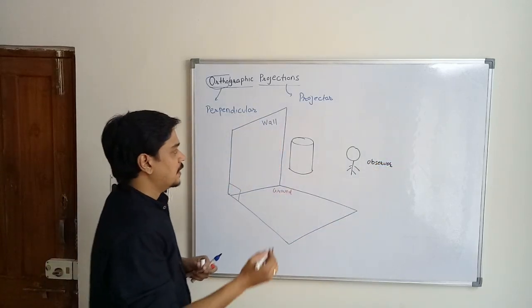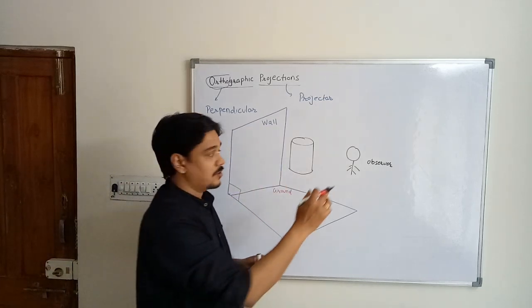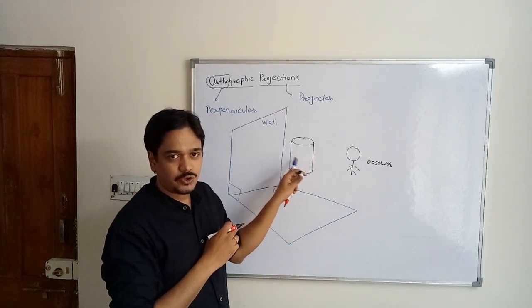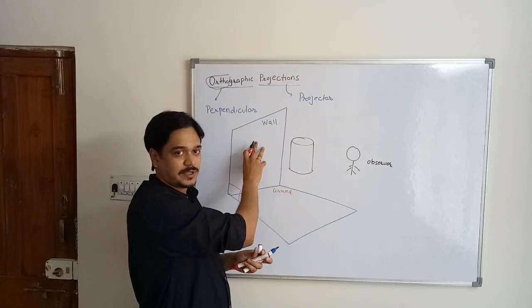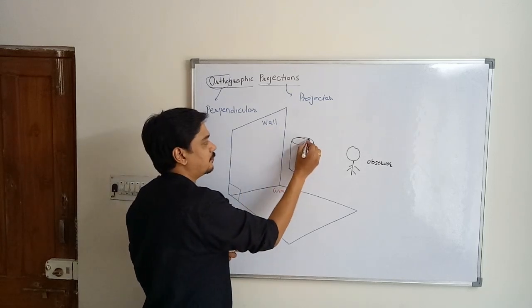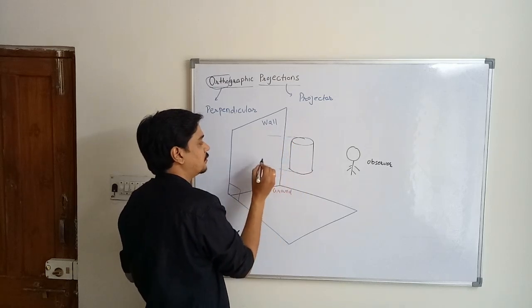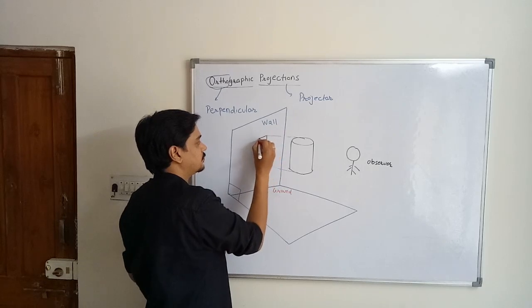Okay. Now if you throw a light from this observer to this object, you will get some shadow on this vertical wall surface. For example, if you throw a shadow, so this shadow will be seen as a rectangle.